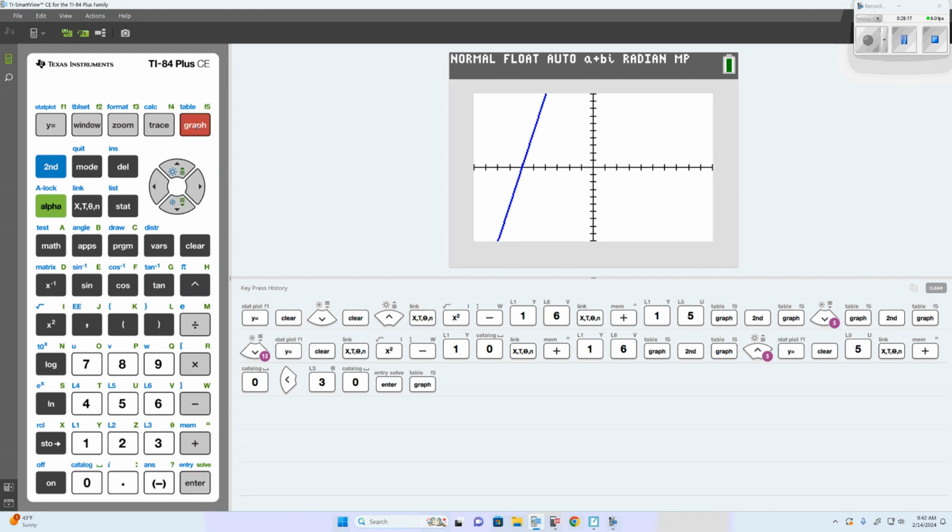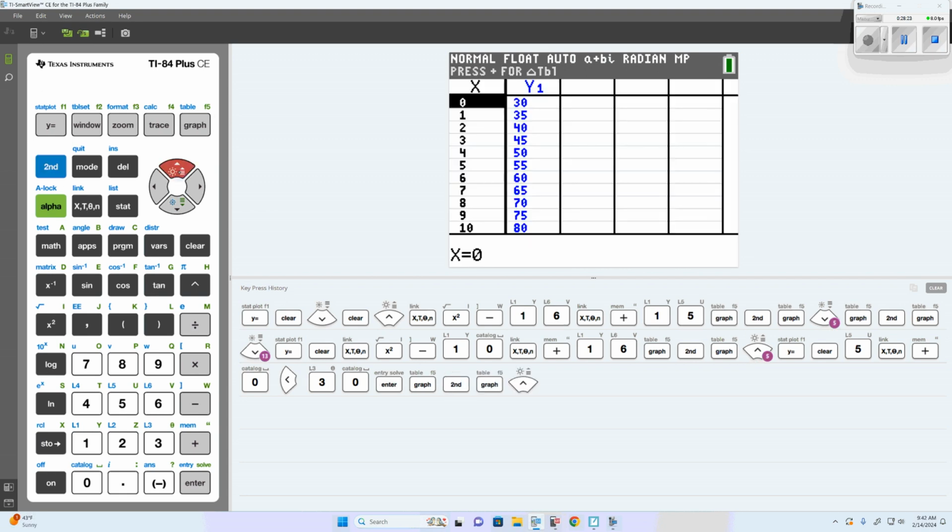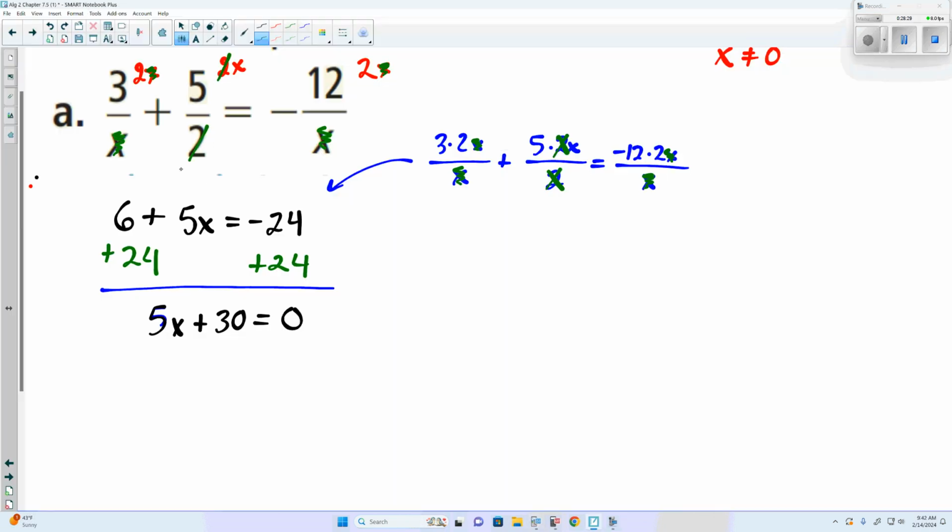And again, we're trying to see what value of x makes the function be 0. And we see it does cross over here in the negatives. And it is negative 6. So we would say x is equal to negative 6. And that's it. So it still works for this here.